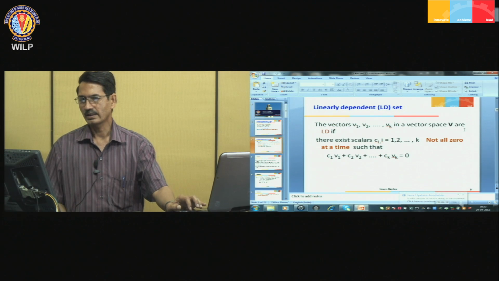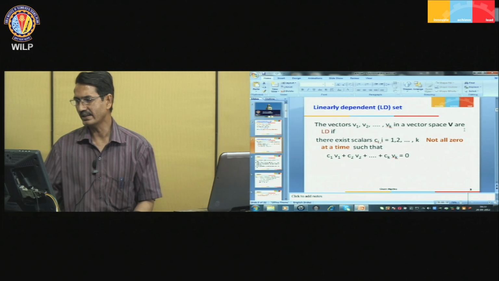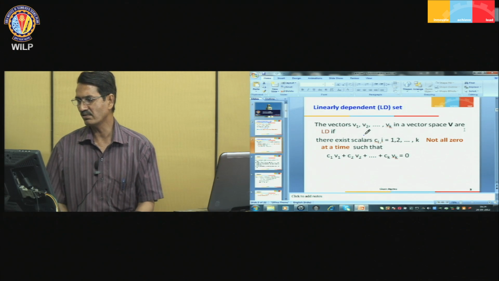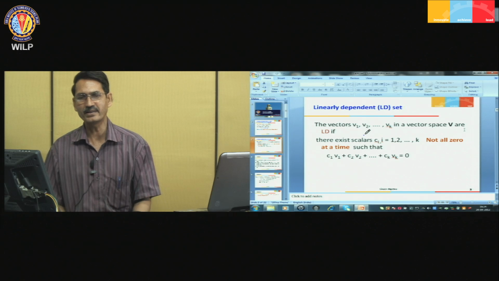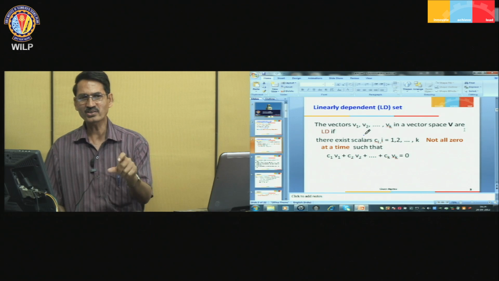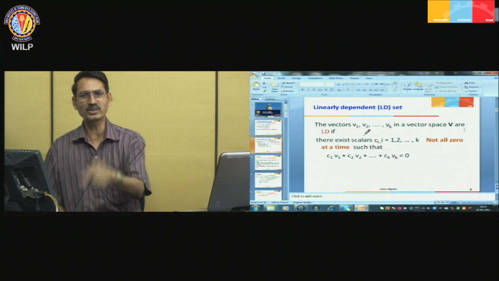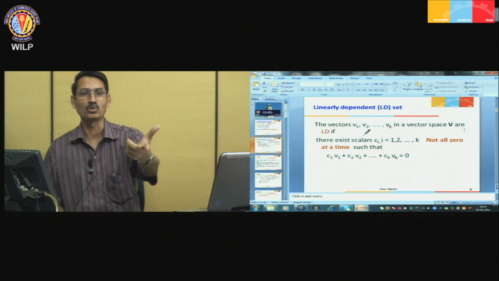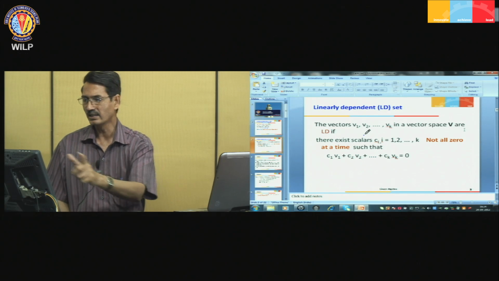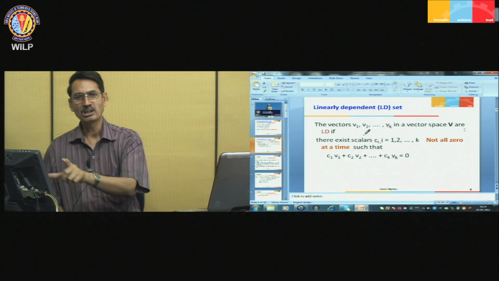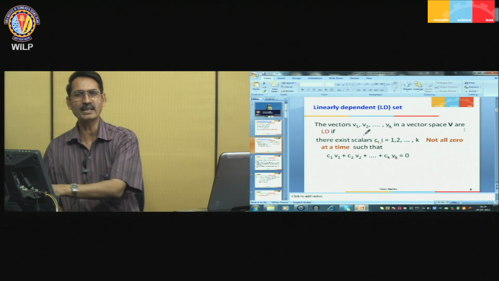Or another way of saying linearly dependent set: suppose these vectors V1, V2, Vk are said to be linearly dependent if there exist scalars C1, C2, Ck not all 0 at a time, such that C1 into V1 plus C2 into V2 plus so on and so forth plus Ck into Vk is equal to 0.